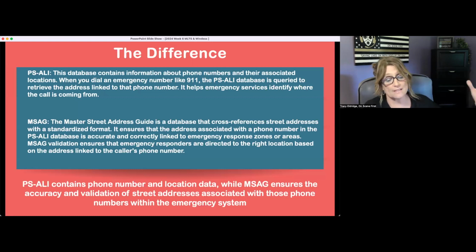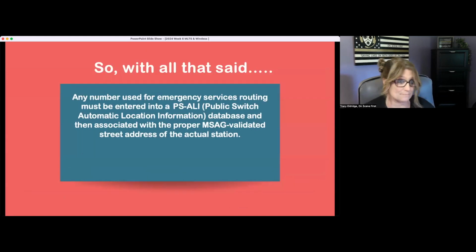So the PS-ALI that's coming from the organization is cross-referenced with a more public MSAG to make sure that the information is correct and it is going to the place that it's supposed to be going to. So PS-ALI contains phone number and location data, while MSAG ensures the accuracy and validation of the addresses that the PS-ALI is bringing back. So hopefully it makes sense.